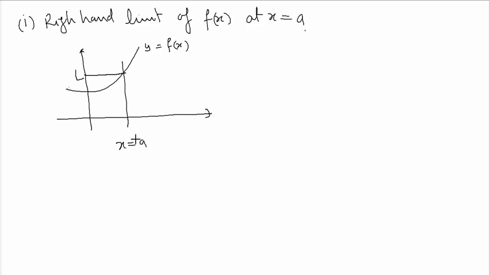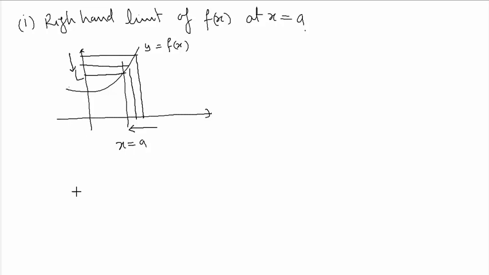So right hand limit means as we approach a from the right, at this point function has this value. As we move toward a, at this point function has this value. So as you move toward a, function is approaching l.